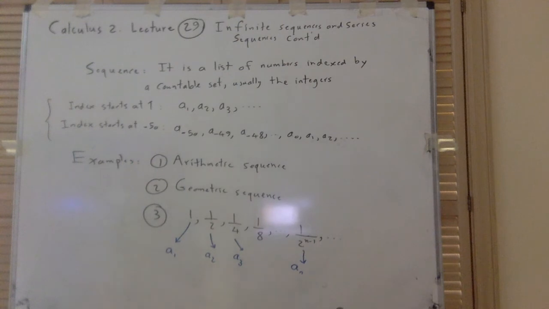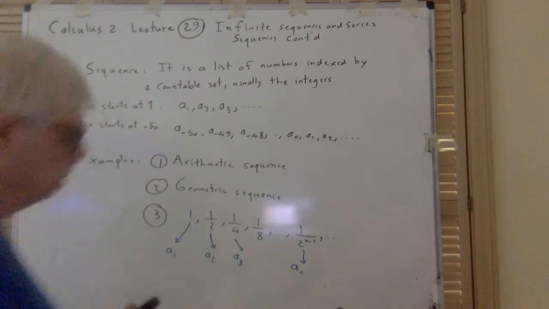Most often you're using integers bigger than or equal to 0, or bigger than or equal to 1. Anyway, these are two examples. One of them starts at 1, so that's A1, A2, A3, and so on.